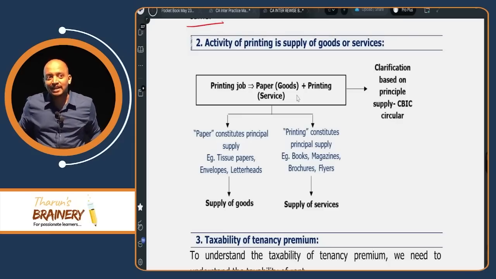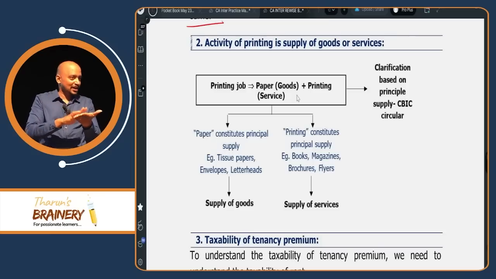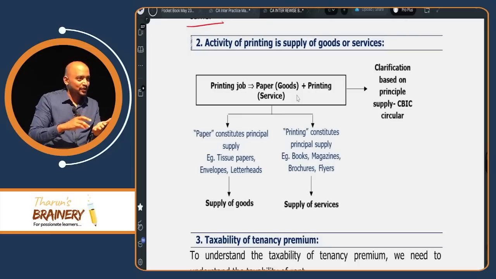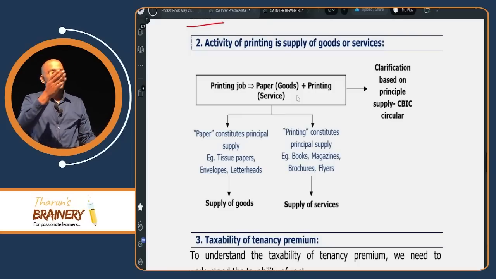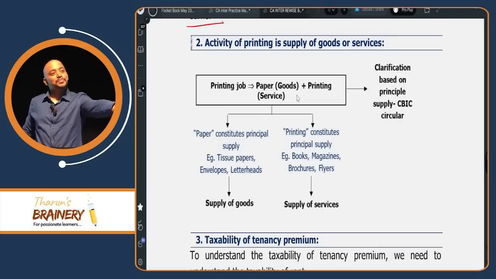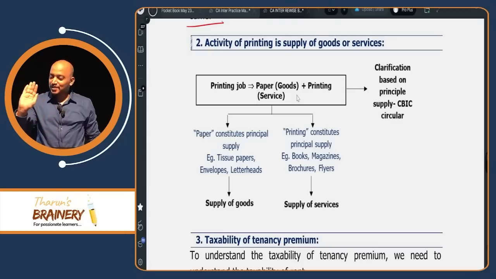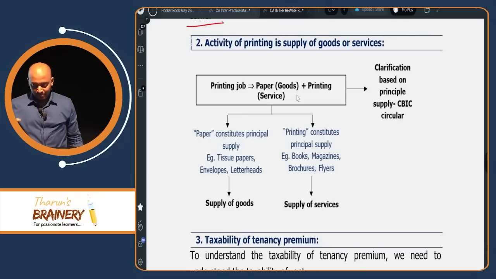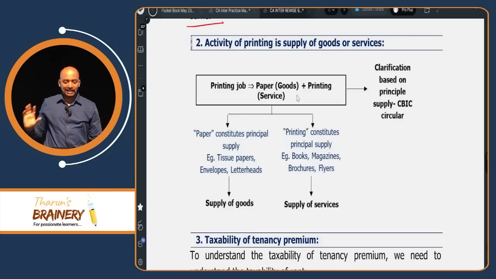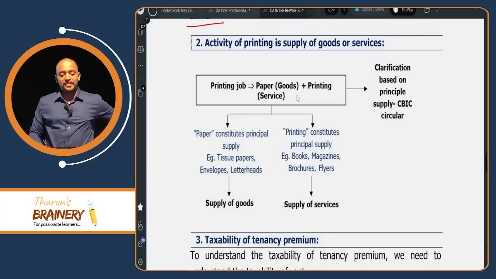Printing. Suppose your photo is not properly taken and printed, just because it is printed will you pay? No. You will ask him, who is that person, and ask him to pay the money back. So we will pay only if it is proper, which means again it is not for the paper and ink, it is for what? Printing. So when printing constitutes the predominant element, it will be treated as supply of service.